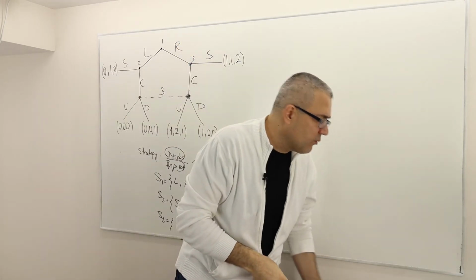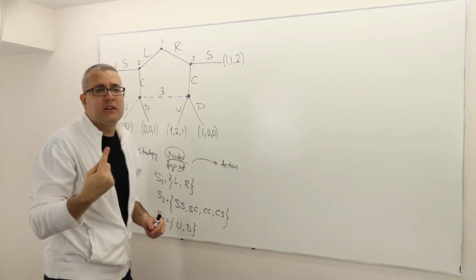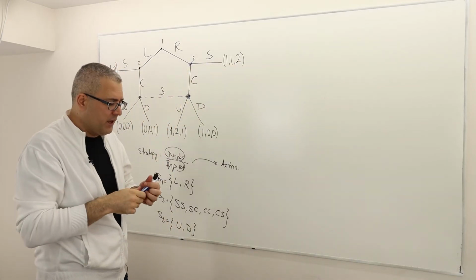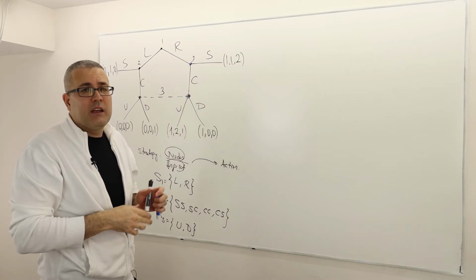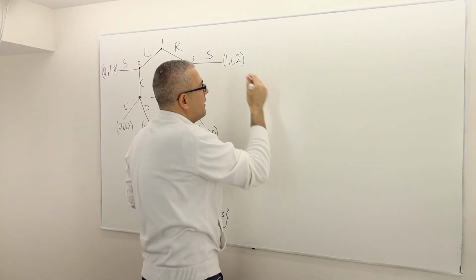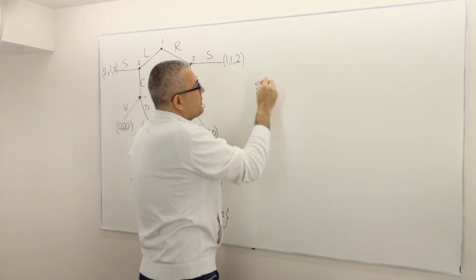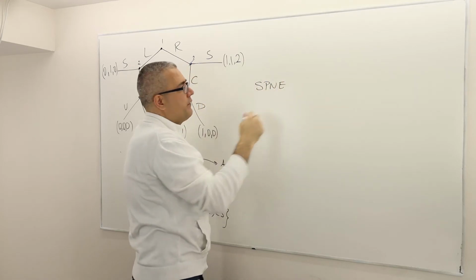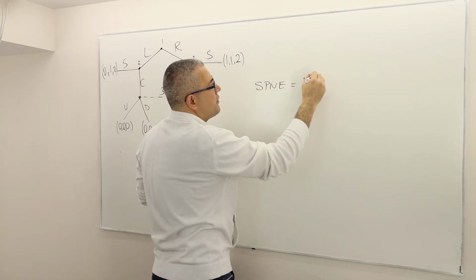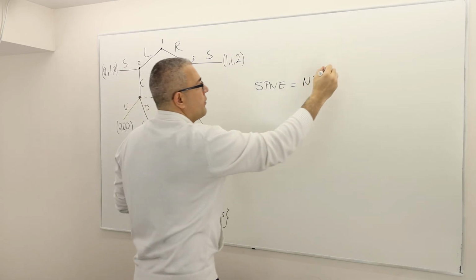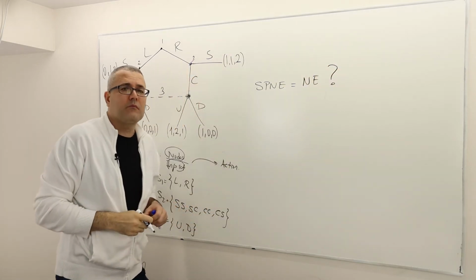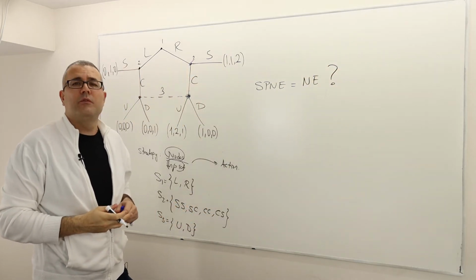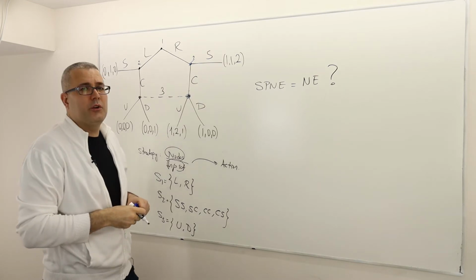Well, this game has only one subgame, which is the game itself. Therefore, can I conclude the following argument? Subgame perfect Nash equilibrium of this game is equivalent to Nash equilibrium of this game. Is this true? Well, yes, this is true. Once again, why is this true?